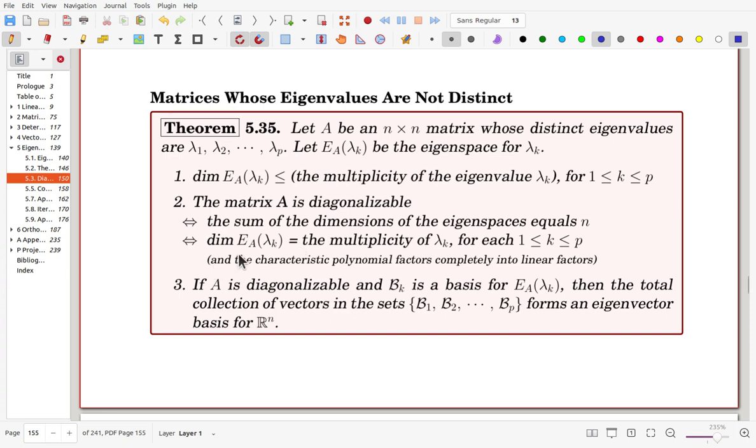So the dimension of each eigenspace must equal the multiplicity of the eigenvalue, for every eigenvalue, and we have n linearly independent eigenvectors.